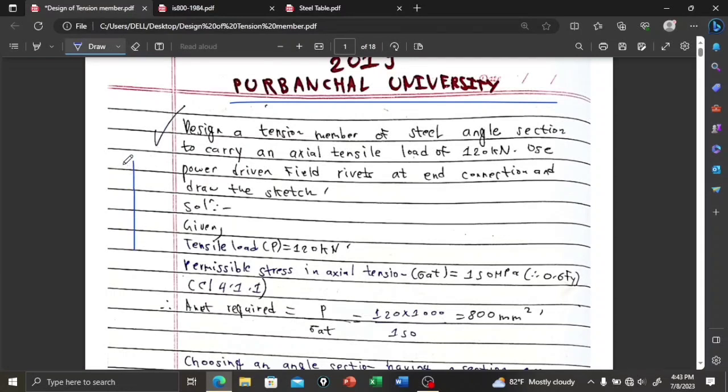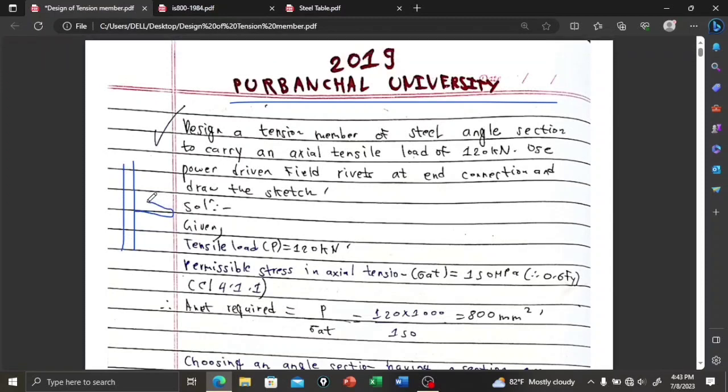First will be the angle section. This may be equal angle or unequal angle, but there is only a single angle, and here is rivet or bolt. In the second case, there are two angle sections connected back to back like this, and here is also rivet or bolt.